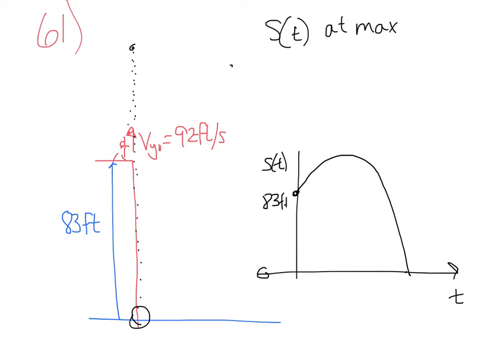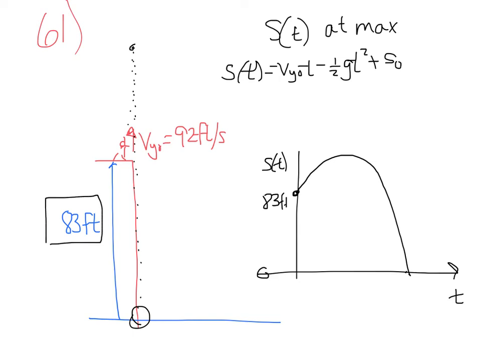We need the S of t function. We know S of t is equal to Vy initial t minus 1/2 gt squared plus S0. Which variable is the 83 feet? It's the initial height, the Vy initial is 92, and we plug these into our function: S of t equals 92t minus 16t squared plus 83.